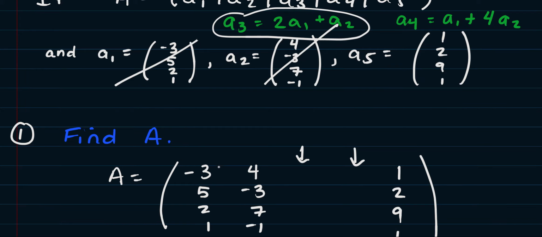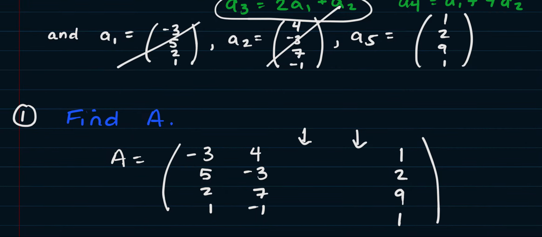Let's follow this rule here. A3 is 2 times this one plus 1 times this one. I'm going to actually write it above. So 2 times -3 plus 4, that's -6 plus 4, which is 2. So I'll put a 2 here.